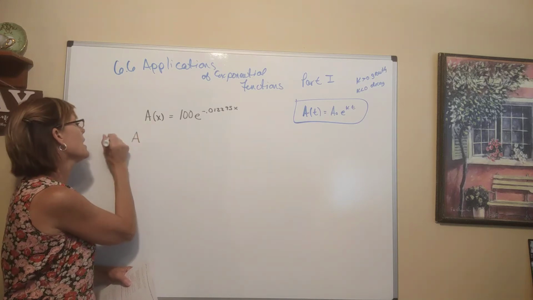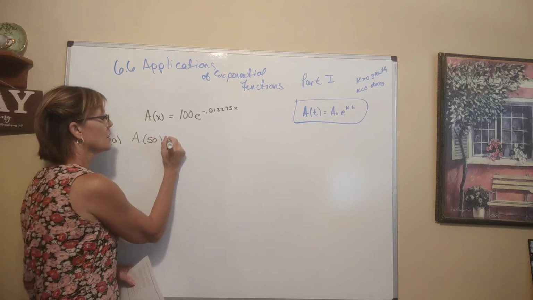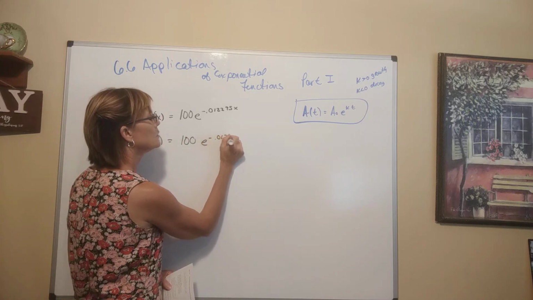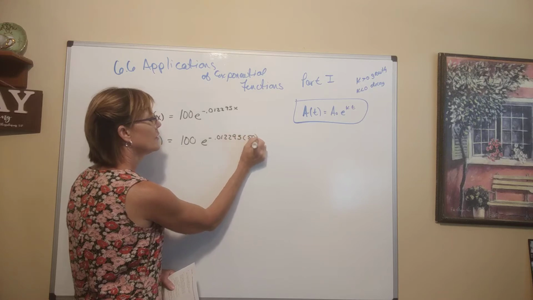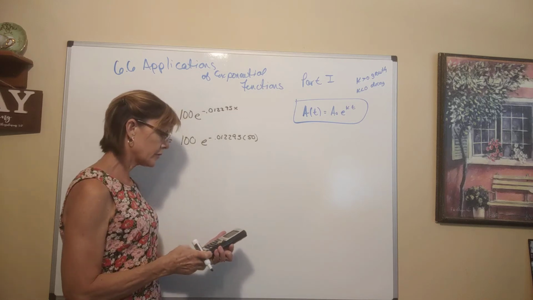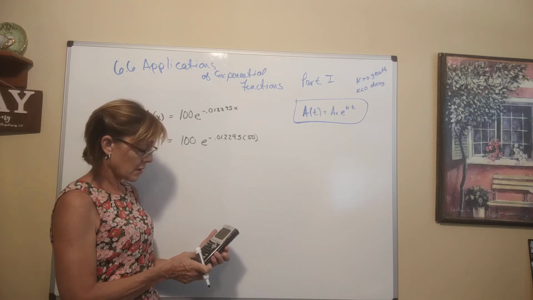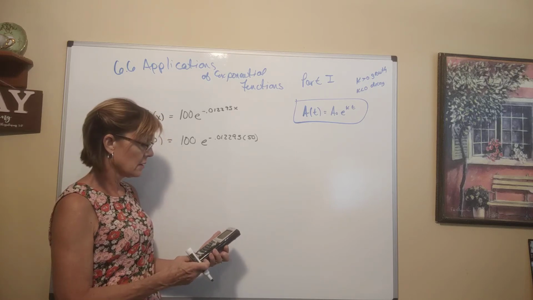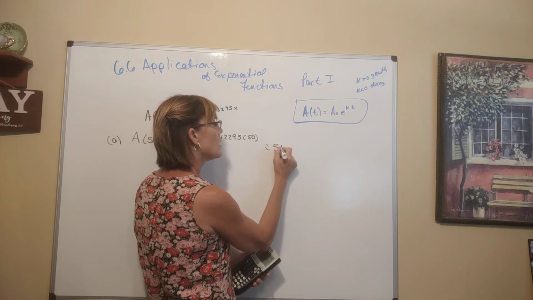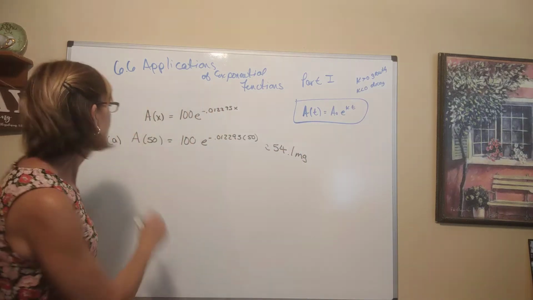So for part A, we want to know how much is left after 50 years, so we would just put in 50 for X. 100 times e to the negative 0.012295 times 50. Just put that in your calculator, and this is 54.1 milligrams left after 50 years.